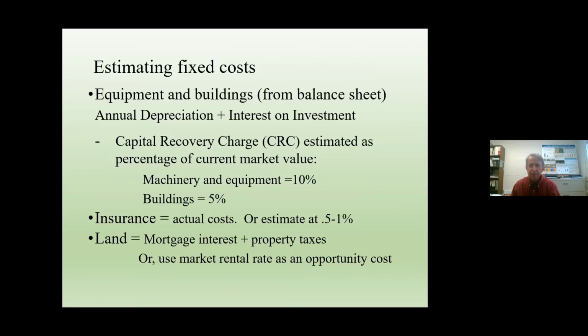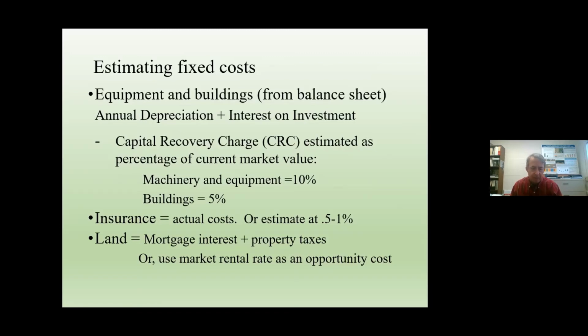Without getting too far into the way that's calculated, I'll just say that it tends to be about 10% of the current value of machinery and equipment, or about 5% on buildings, that we can use to estimate the fixed costs associated with those things.